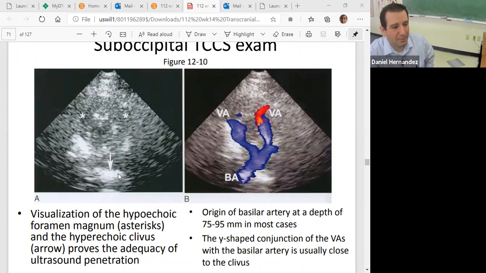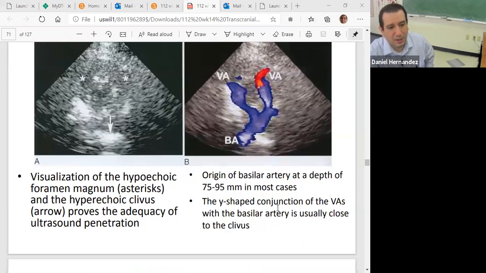See, this is that hyperechoic clivus. So the origin of the basilar artery is at a depth of 75 to 95 millimeters in most cases. And you should see the Y-shaped junction of the vertebral arteries with the basilar artery, usually close to that clivus.